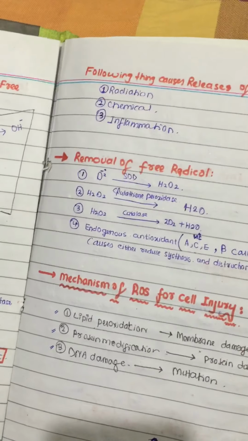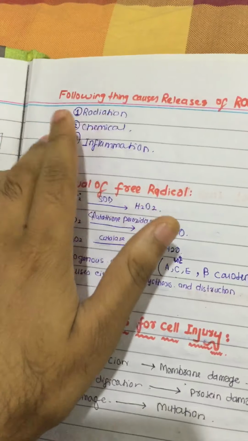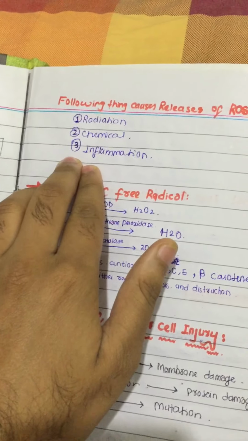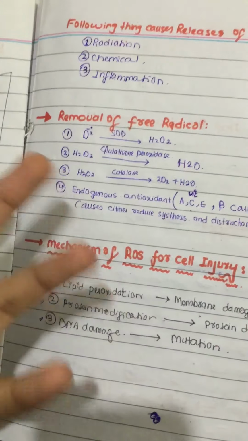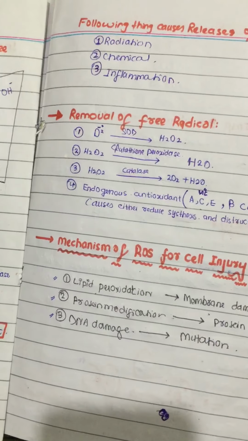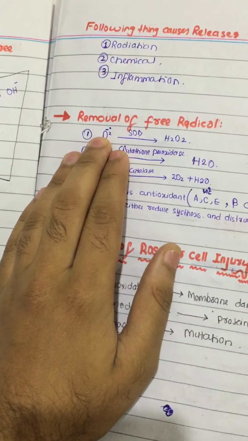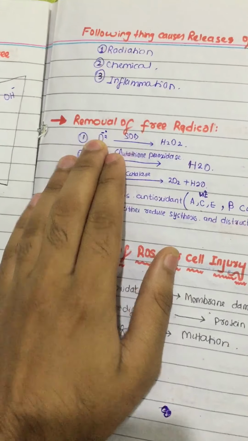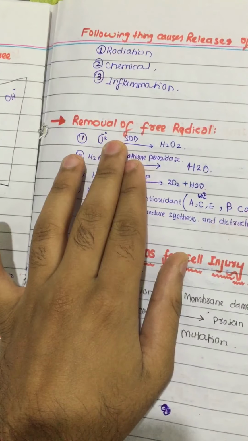So what are the causes of reactive oxygen species? There's gonna be radiation, chemicals, as well as inflammation. Now, it can come in the paper as well, what is the fate of the reactive oxygen species. So the superoxide is going to be either converted into H2O2, which is less toxic, in the presence of superoxide dismutase.